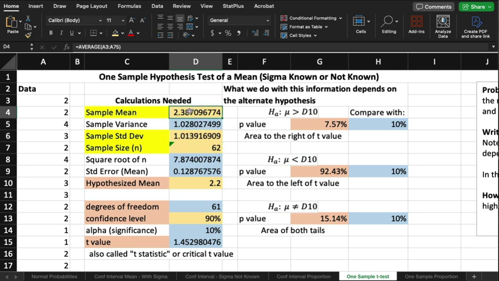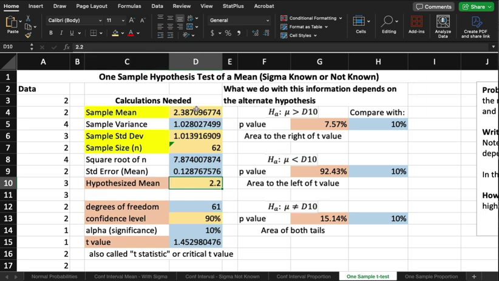In cell D4, we have our sample mean. And you'll notice that that is different from the hypothesized mean. So every problem is going to be different. When you're doing a hypothesis test on a mean, you need to be able to distinguish between the sample mean that you need for your calculation versus the hypothesized mean that is mentioned in the claim, whatever claim is being made about the data.